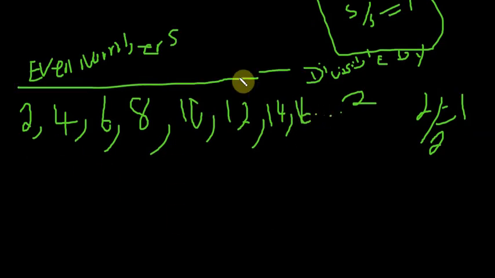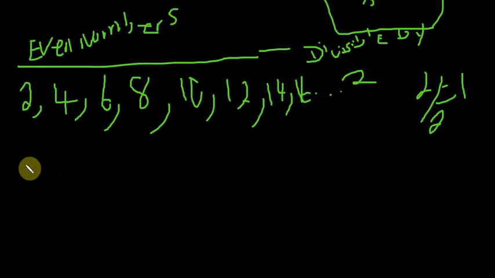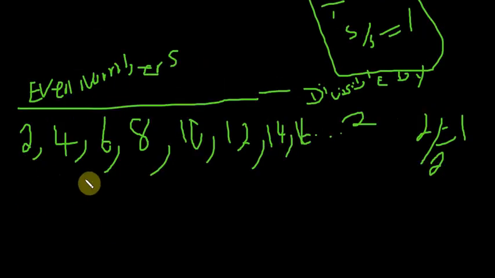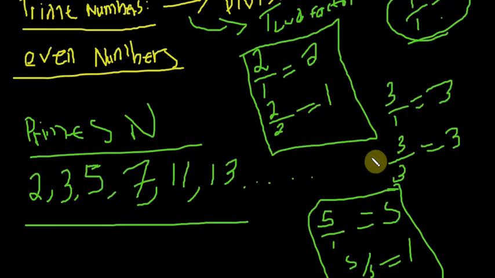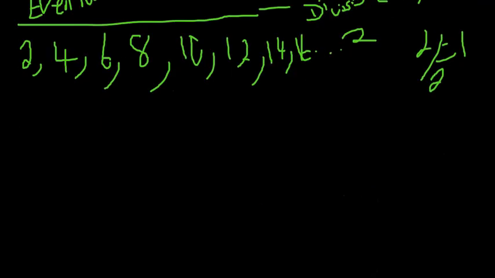So all those are even numbers, which can be divisible by 2. I don't know if it goes up to infinity, but these are numbers which are divisible by 2.